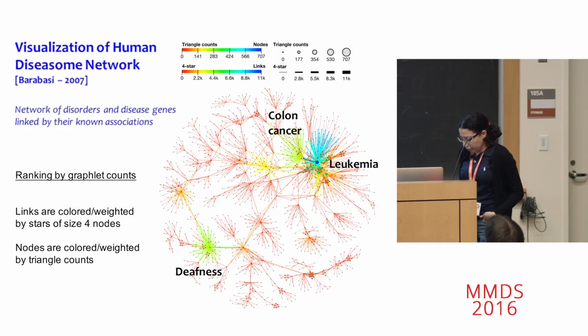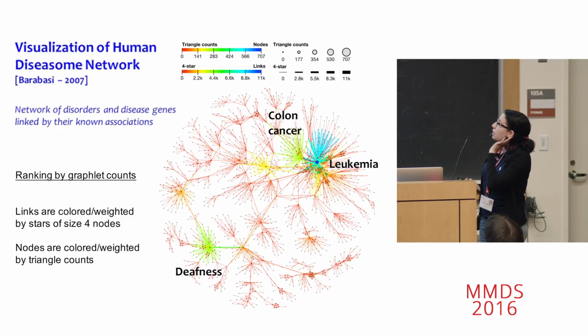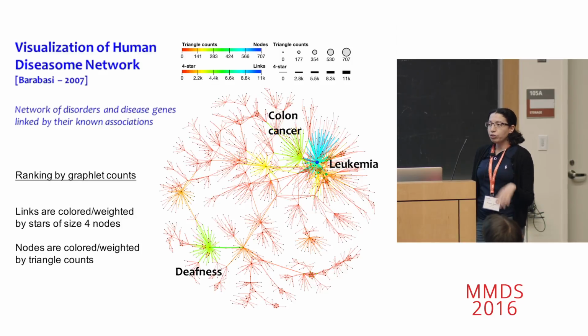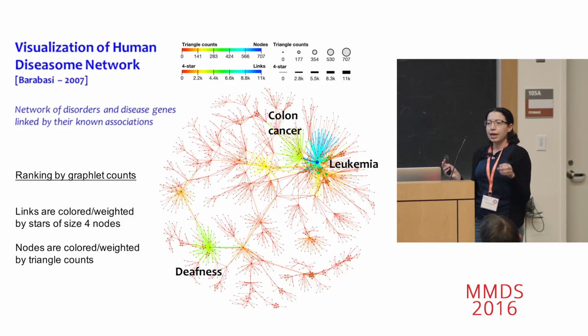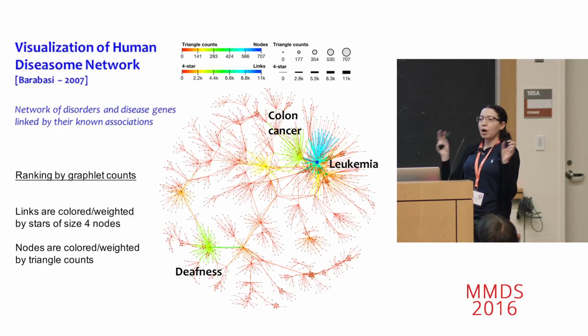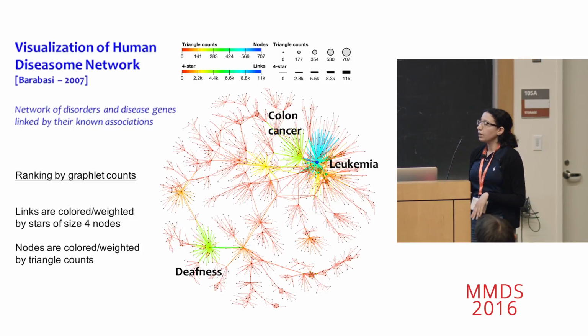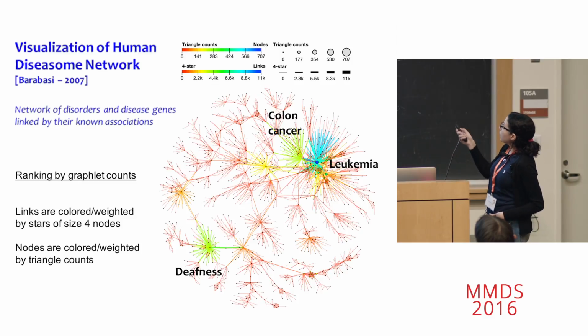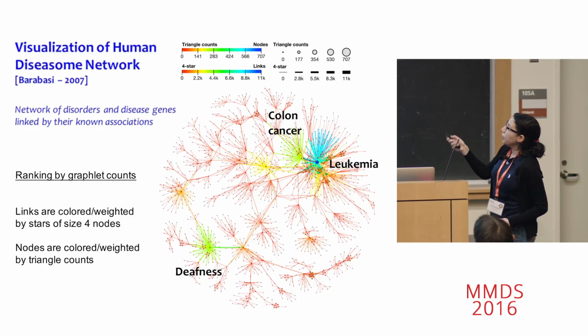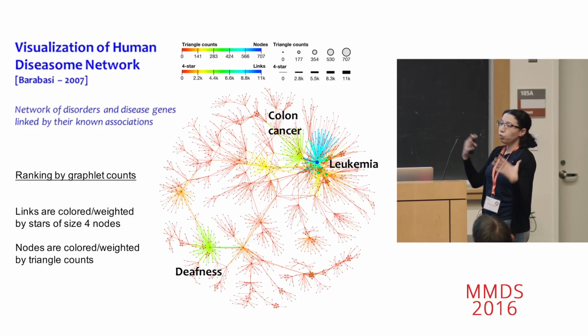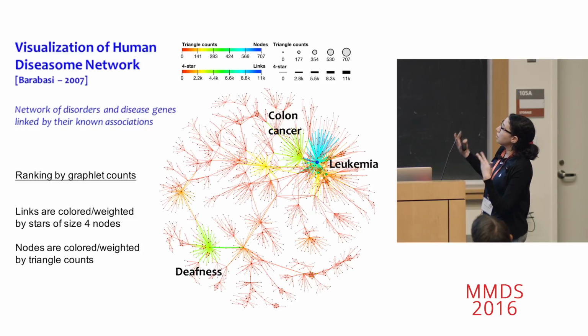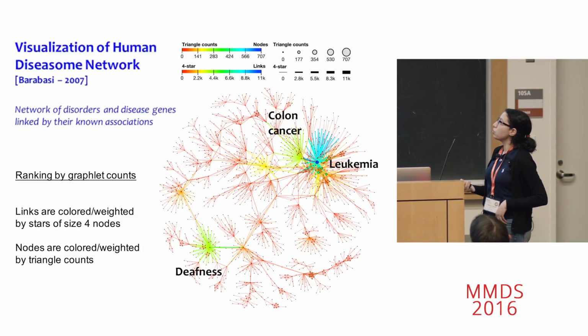Now, another example that's very common nowadays is how you could use graphlets to visually spot outliers in the graph and gain more insights about the graph. This is an example of a visualization of the human disease network. You have a network of disorders or disease genes that are linked by their known associations.